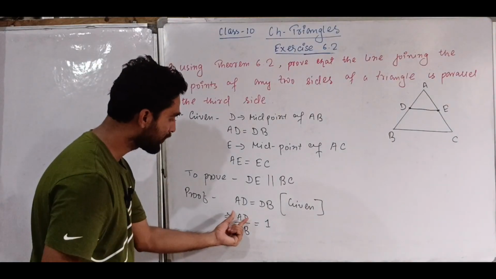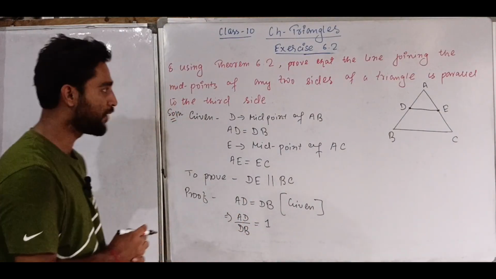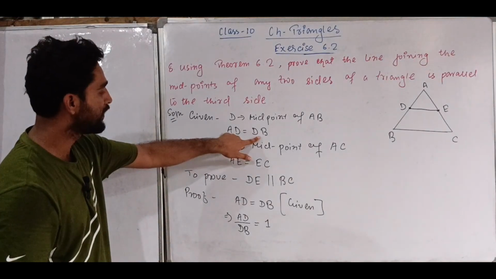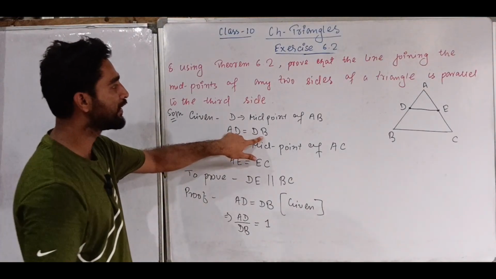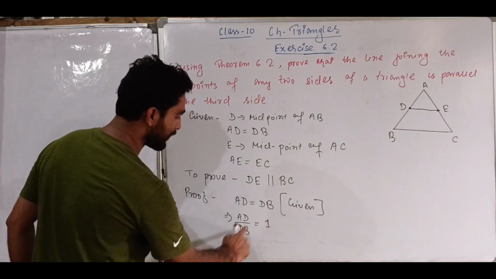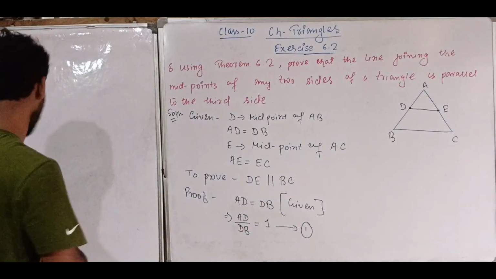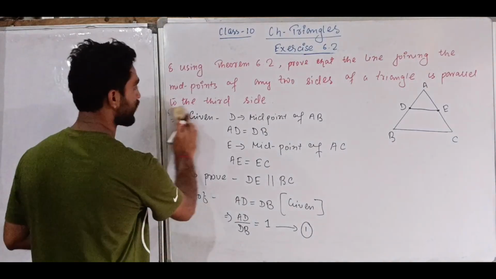Why will 1 be left? Because AD and DB are the same. Same thing divided by same thing will give us 1. Since D is the midpoint of AB, AD is equal to DB. So AD divided by DB is equal to 1. This one you can give as equation number 1.